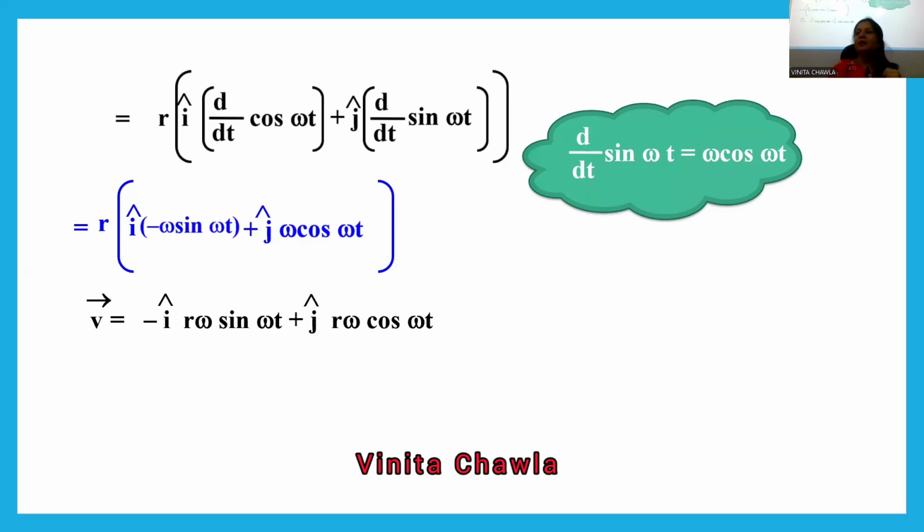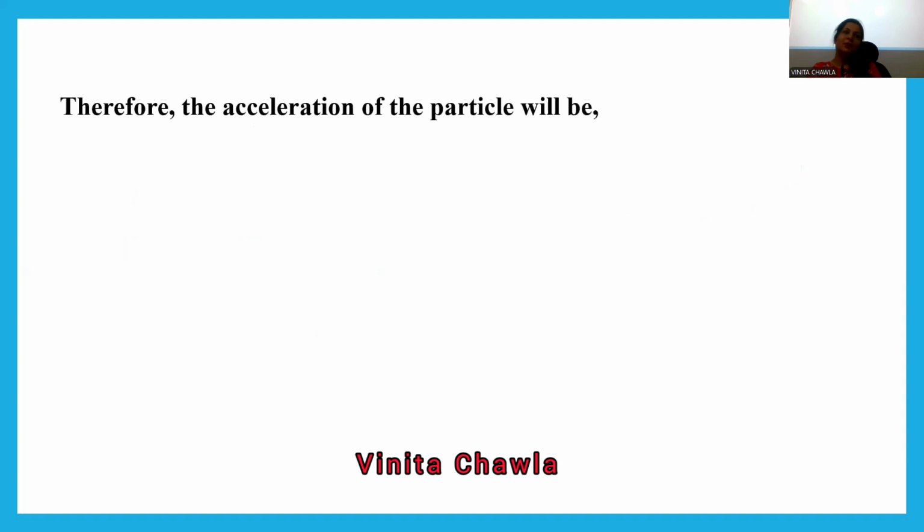ओके। This is what we are getting here, this is minus i cap rω sin ωt plus j cap rω cos ωt। Please write this। As we have found out velocity, so from velocity we can find acceleration। Velocity कैसे आया?